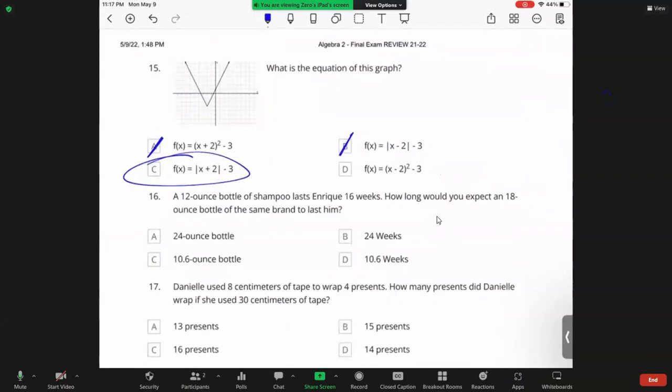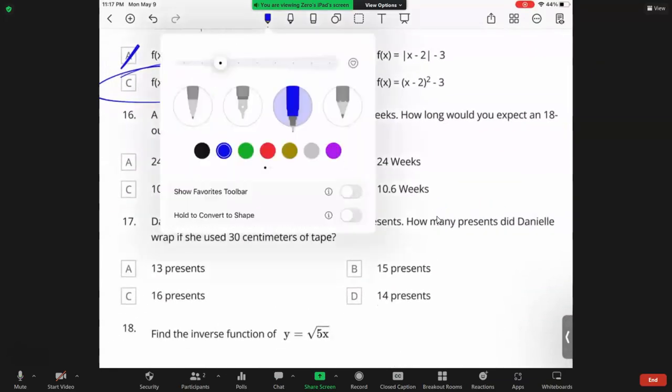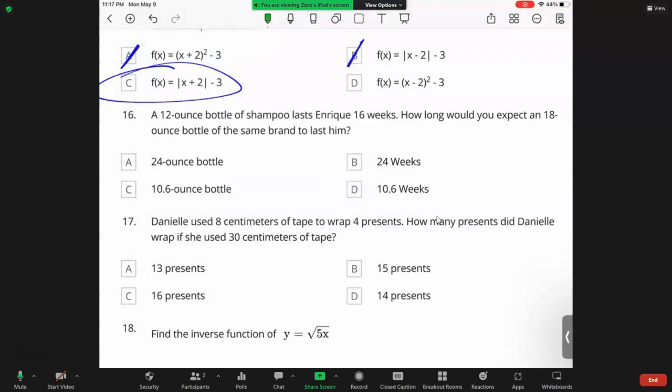Number 16. A 12-ounce bottle of shampoo lasts Enrique 16 weeks. How long would you expect an 18-ounce bottle to last him? Okay. So we have a 12-ounce bottle.